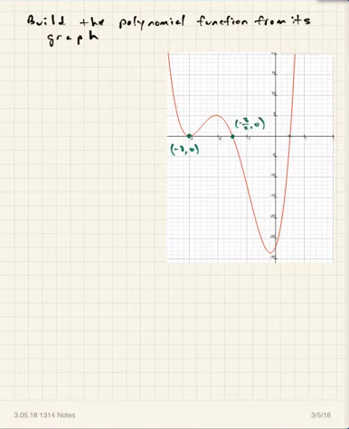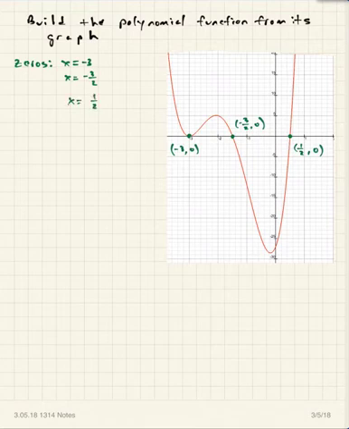And then you finally have another one over here, halfway between 0 and 1. That's at 1/2, 0. So those 3 x-intercepts tell you that you've got zeros for this polynomial at x equals -3, x equals -3/2, and x equals 1/2.